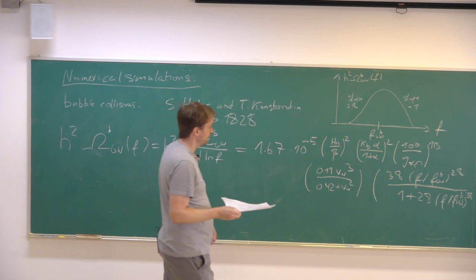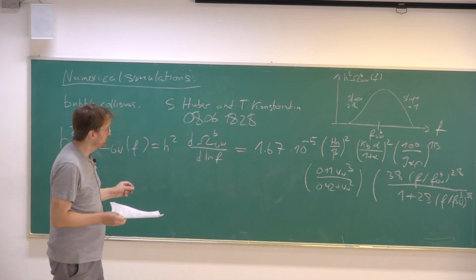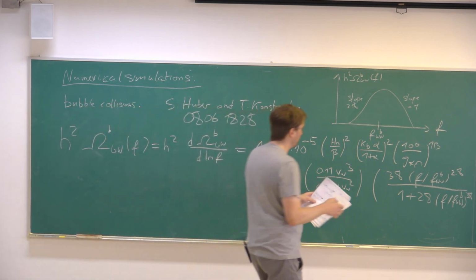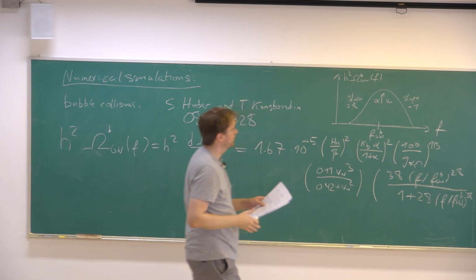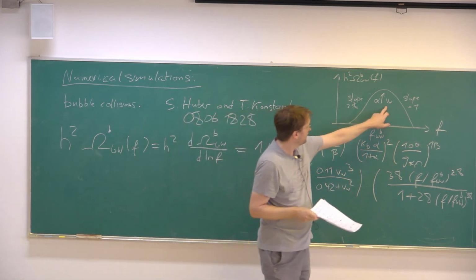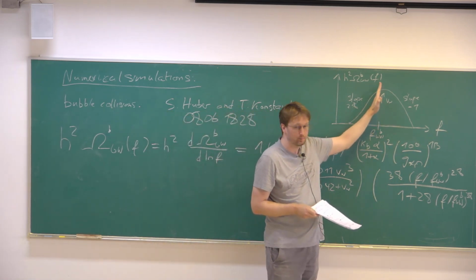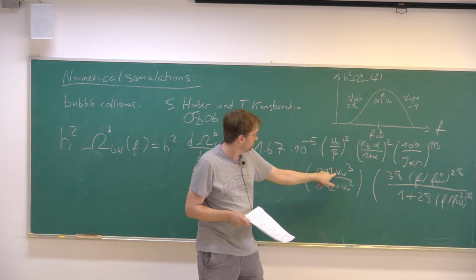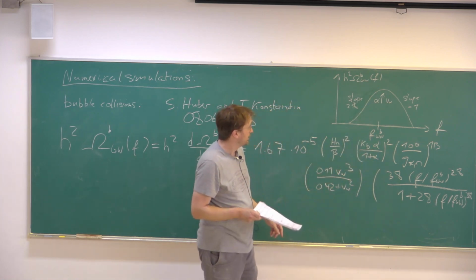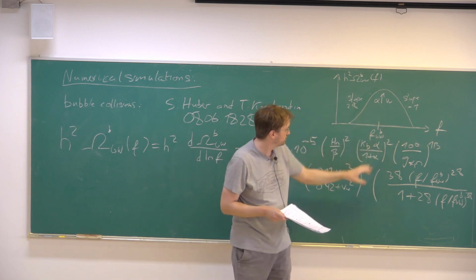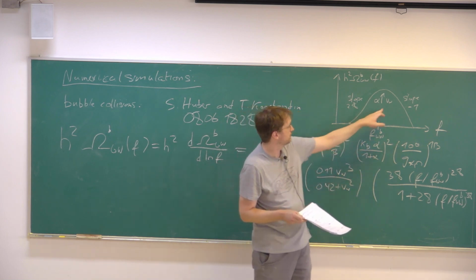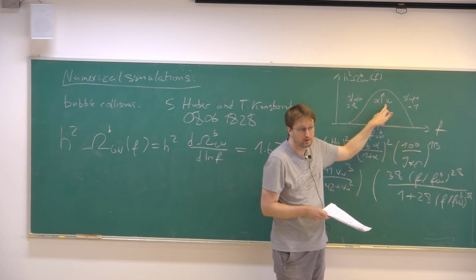It's interesting to see the dependence on a few parameters. First of all, this arrow here means the direction of growing quantities. So for growing alpha and wall velocity, the spectrum goes up because of this factor and this factor here. But not arbitrarily, because for very large alpha this saturates to 1, and the wall velocity can be at most 1, then it's relativistic.